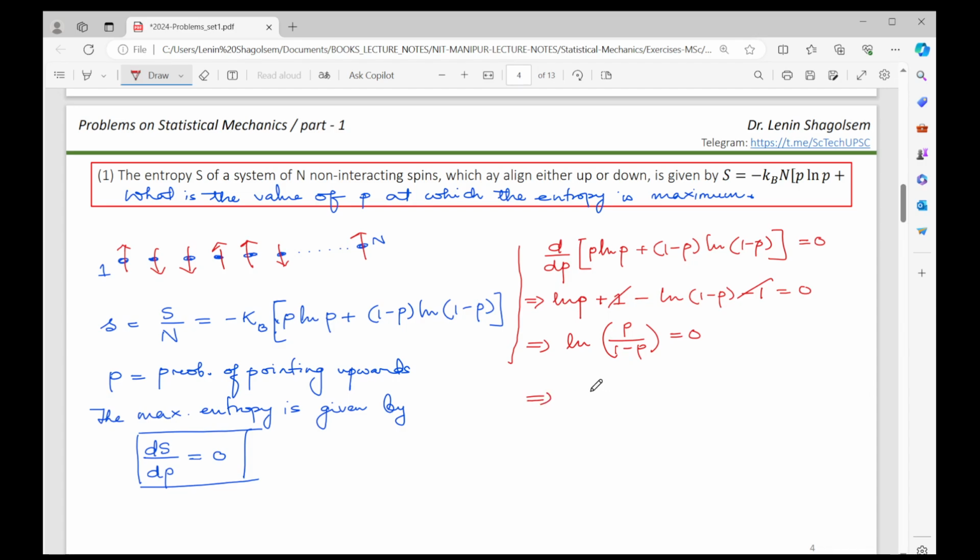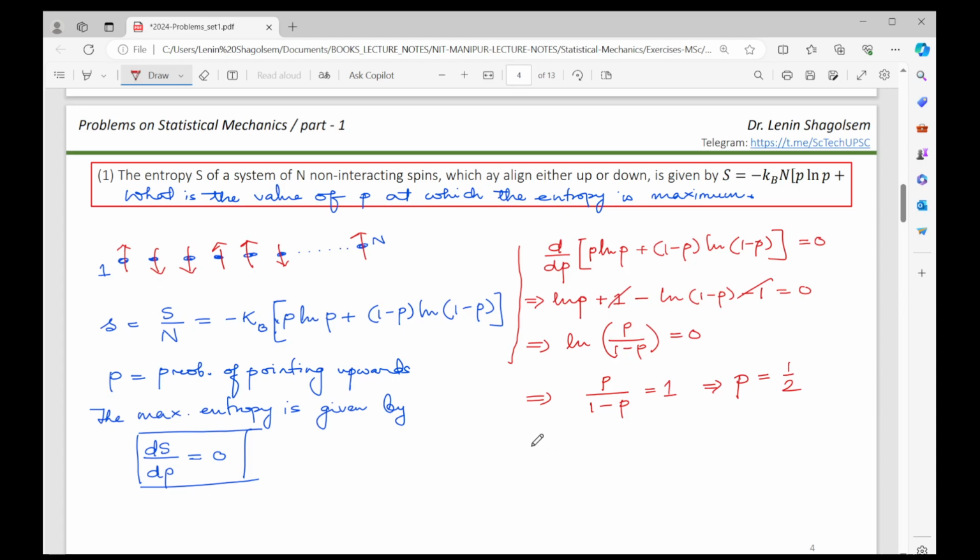This implies that the ratio p by 1 minus p should be 1, because only then the log of this argument will be 0. So this will give us p to be half.